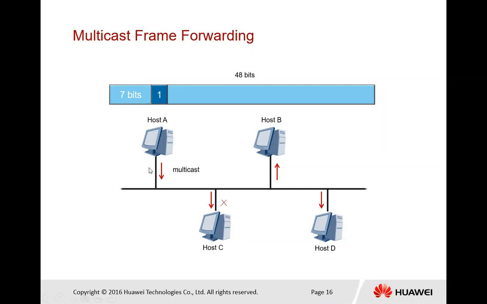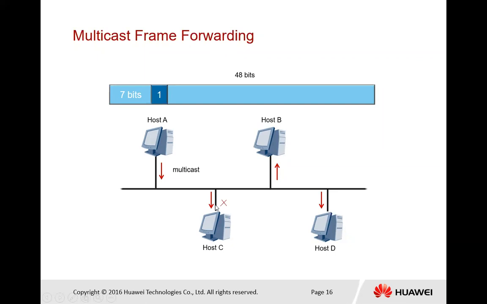As shown in the picture, we have 4 hosts. Suppose host A wants to communicate with only host B and host D. They can send data frames to host B and host E. So that communication is specifically multicast. See, in host C, there is a cross connection.